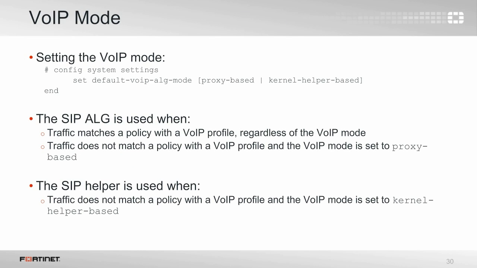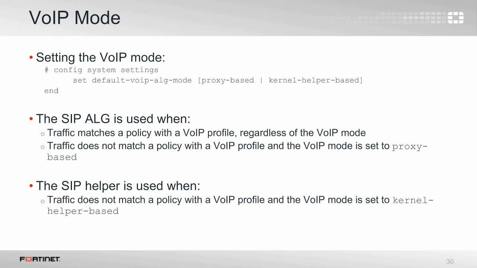FortiGate uses either the SIP helper or the SIP ALG, depending on configuration. The system setting, default VoIP ALG mode, specifies which one is used when no voice over IP profile is applied. If it is set to proxy-based, which is the default, SIP ALG is used.